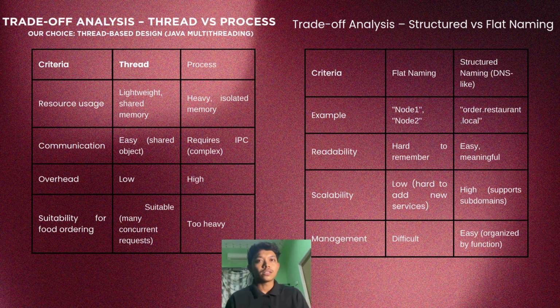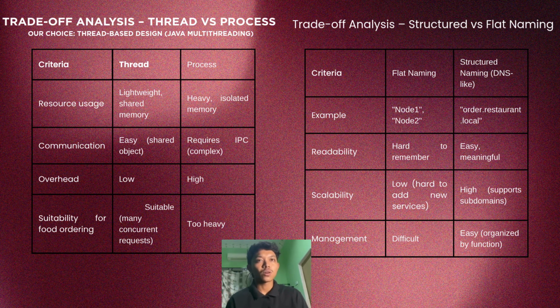Okay, for the next, let us compare structured naming, DNS-like, versus flat naming. Flat naming uses simple IDs like node 1 or node 2. It is hard to remember and difficult to manage when the system grows. Structured naming uses meaningful hierarchy names such as order, restaurant, locker.